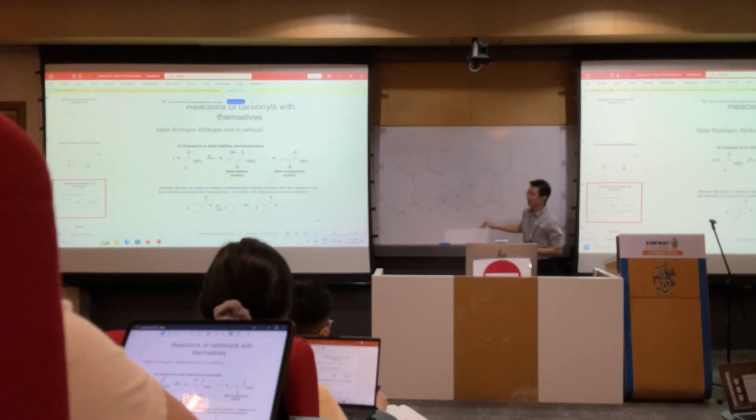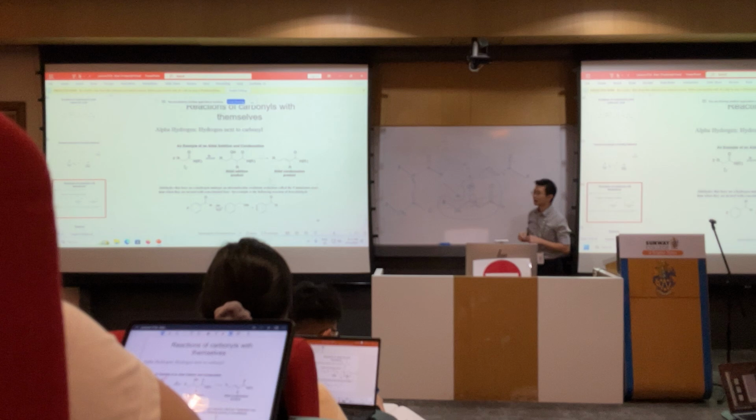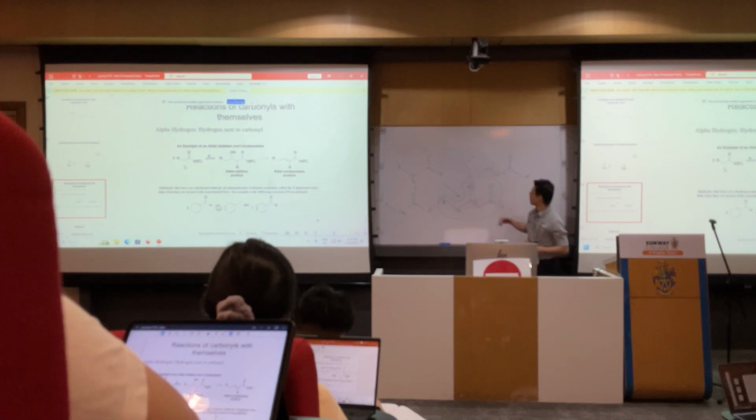And then in this product, the hydrogen atom will be taken away by another oxygen approaching this oxygen. So it gives you a resonance, and the double bond will be formed in this structure. We call this aldol condensation. So the double bond forms next to this carbonyl group.